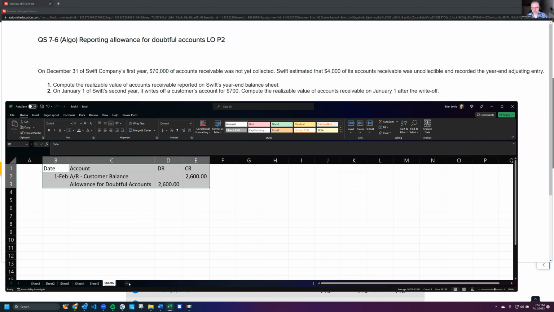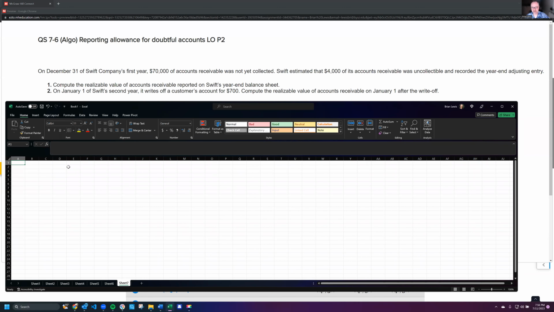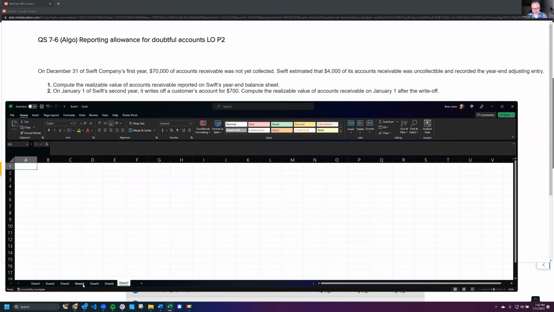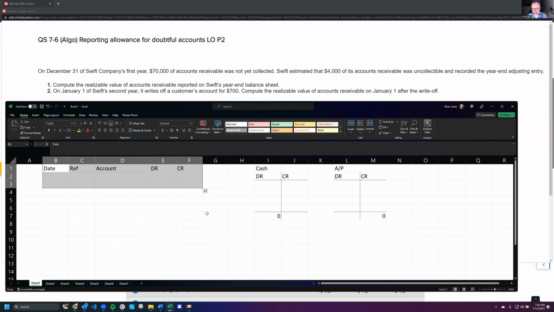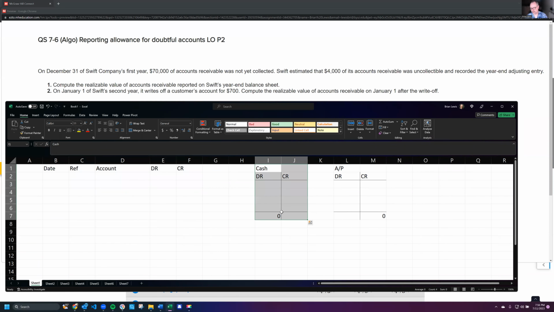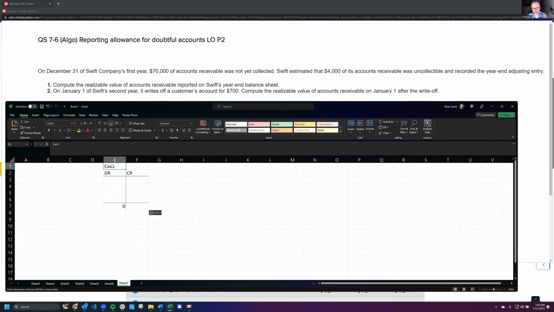Oh, okay. So on December 31st, let's go with the T account on this. We got a T account. We're just gonna put that T account here, and it's going to be accounts receivable.